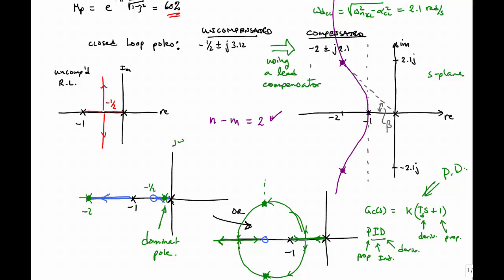And it's possible to design a proportional derivative controller that would move your closed loop poles to the left of -1, and perhaps even to meet the zeta requirement of 0.69, so that we can limit our overshoot to 5%. We could do that.